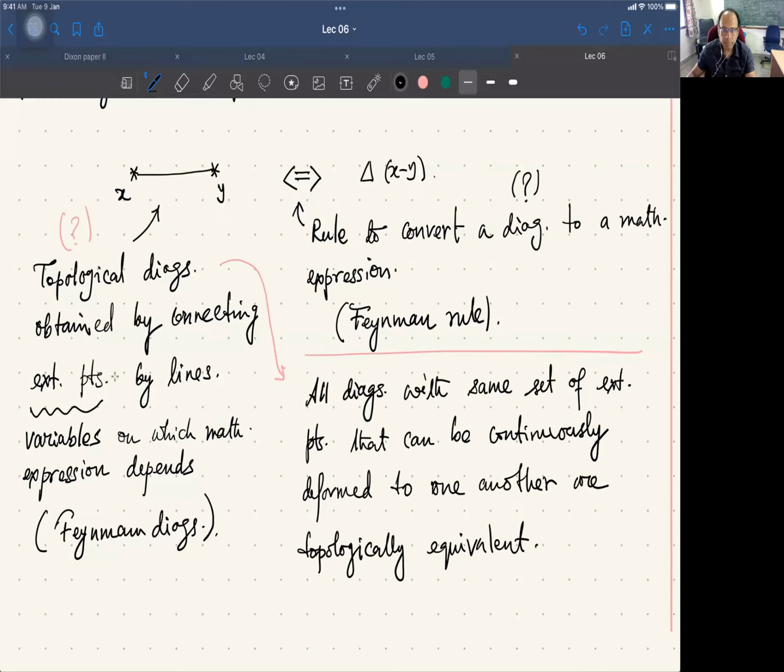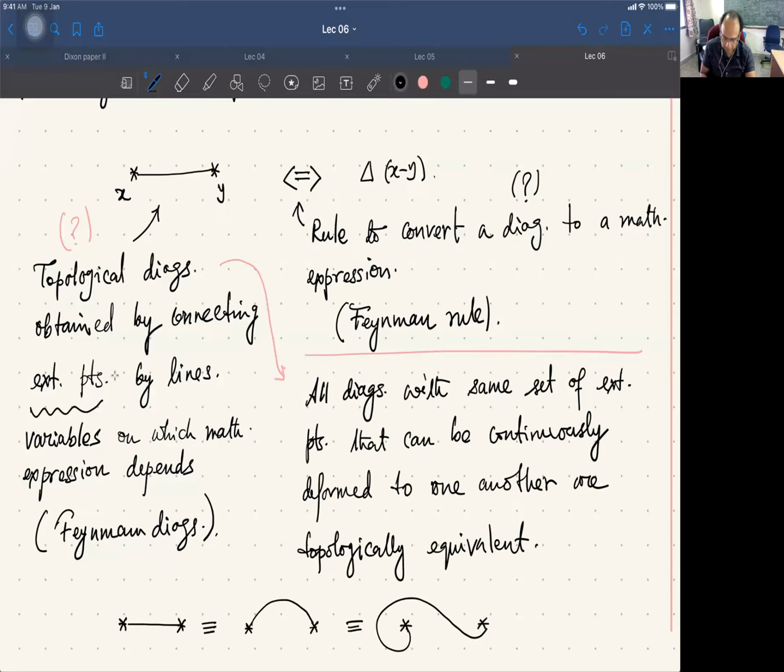So it means, for example, this diagram is the same as this one, which is the same as, say, this one.